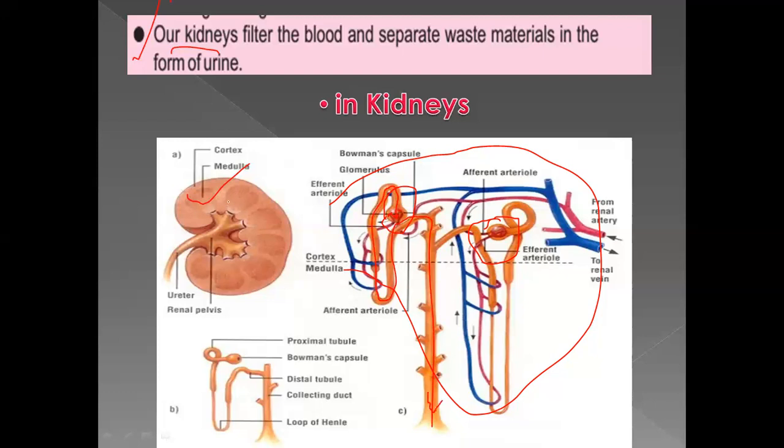Then urine comes here into the ureter, and then it is removed out of our body, containing lots of waste material. Filtration occurs here in this cup-shaped part, that is called Bowman's capsule.